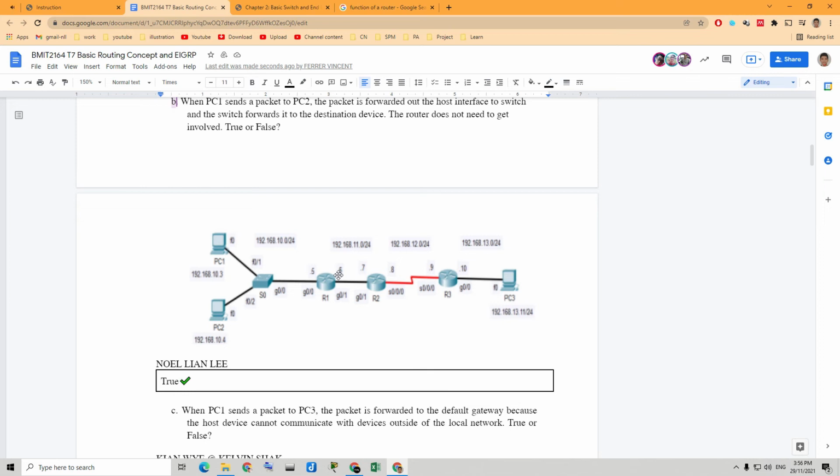These two, PC1 and PC2, the same network. So that's why it's true.